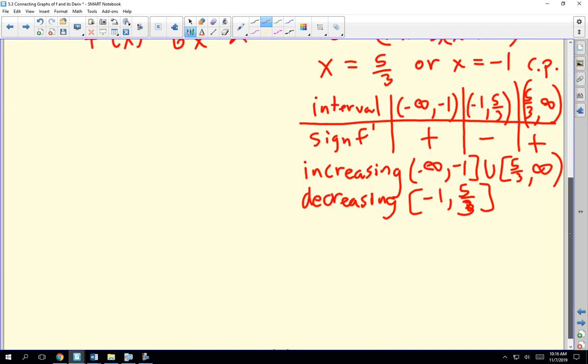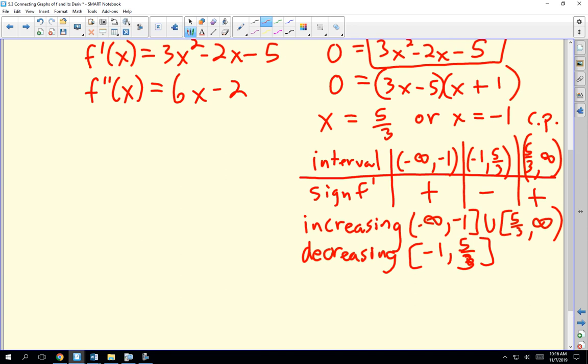And then we can answer it again with the second derivative test. So max, where do we have a max here? There are two of them, huh? No, we have one of them, sorry. Got -1. So it goes positive to negative and then negative to positive. So we have a max at x equals -1. We have a min at x equals 5/3.